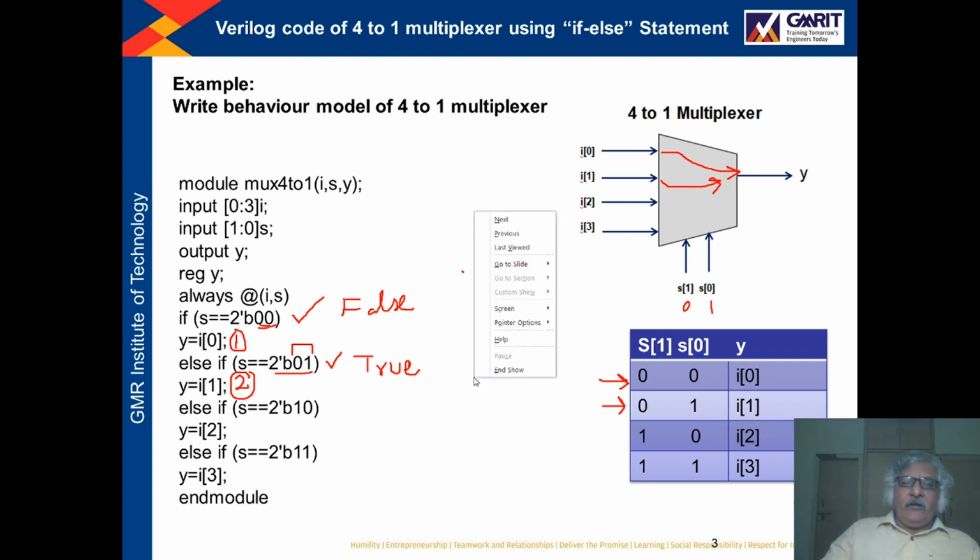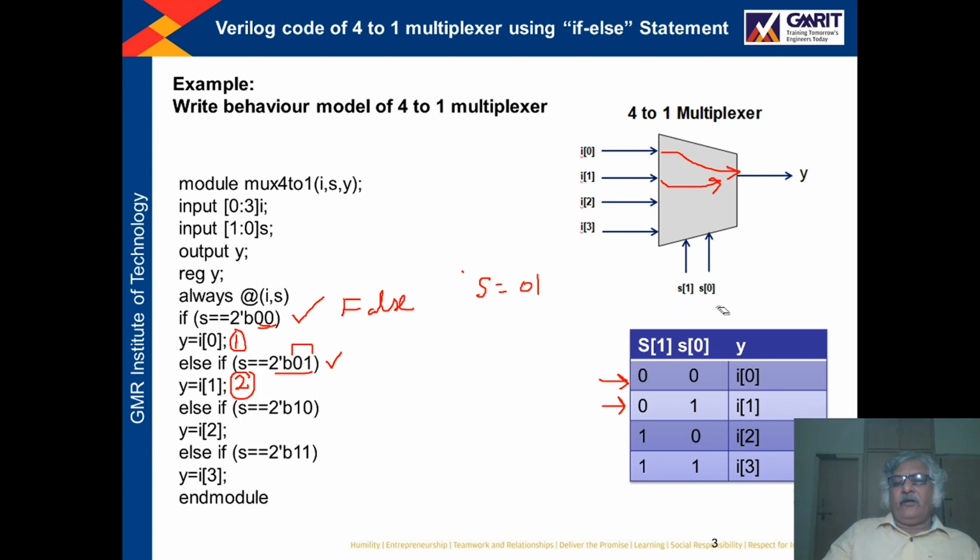And let us assume this is also not the case. Let us assume we are having S1 is 1 and S0 is 0. Suppose these are the values of S. So first case, S is equal to 0 0, no, this is false. Then else if S is equal to 0 1, no, this is also false.